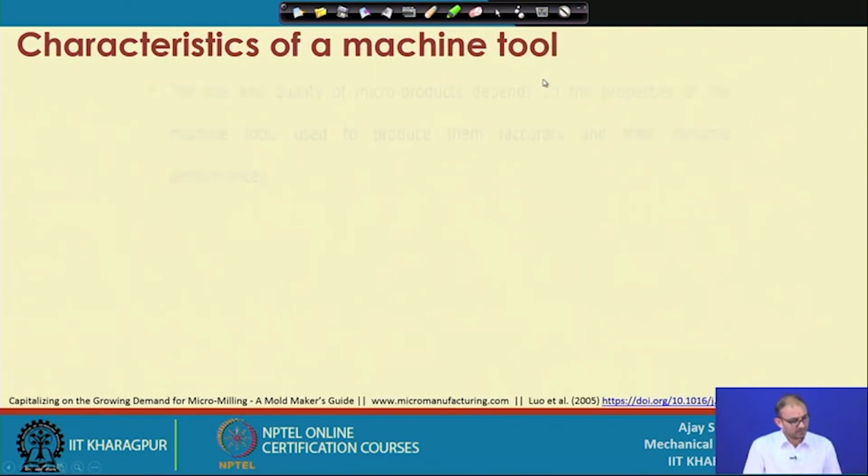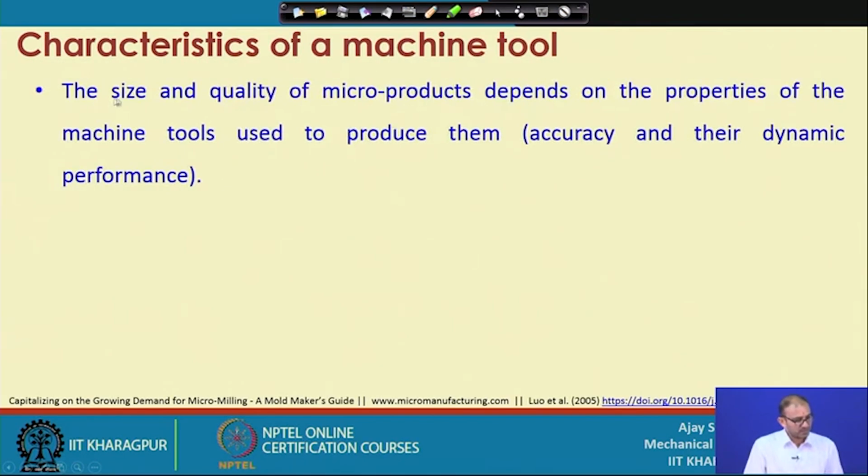Characteristics of a machine tool. Now, the size and quality of the micro product depend on the property of the machine tool used to produce them, that is mostly the accuracy and the dynamic performance. Dynamic performance means, when it is in static we are not utilizing the machine, but the static deformation is also important, but that will take some time.